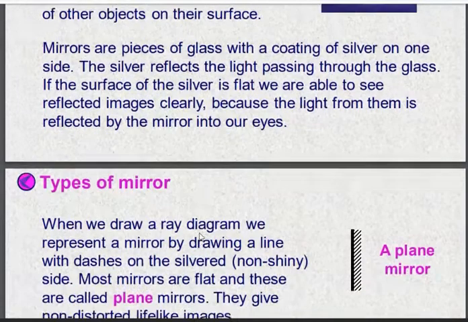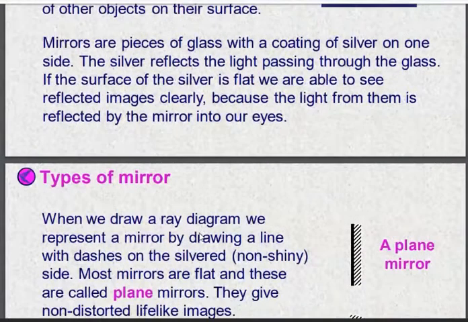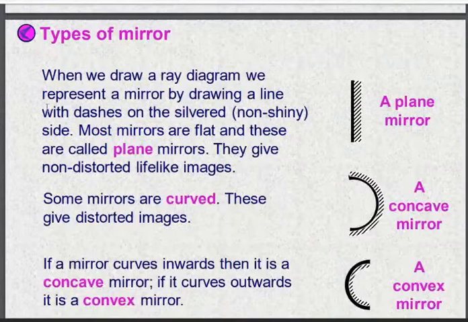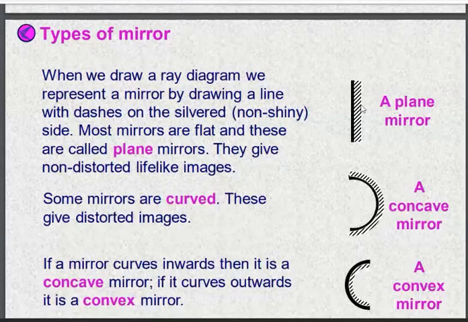So now let us talk about the mirror. What is a mirror and what are the types of mirror? When we draw a ray diagram, we represent a mirror by drawing a line with dashes on the silvered side. You see, this sign indicates that this mirror is silvered from this side.